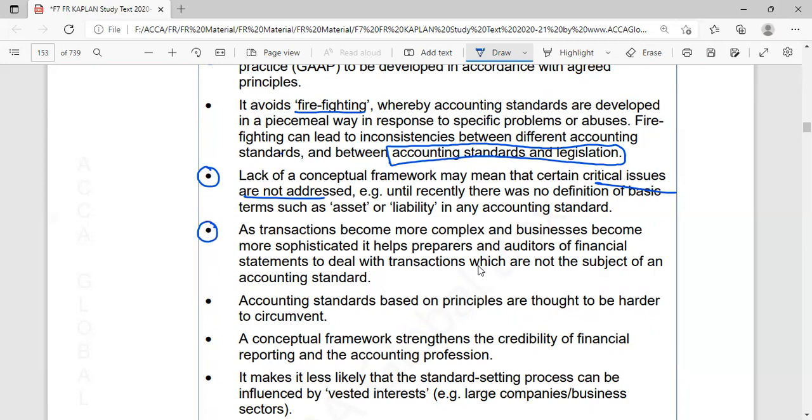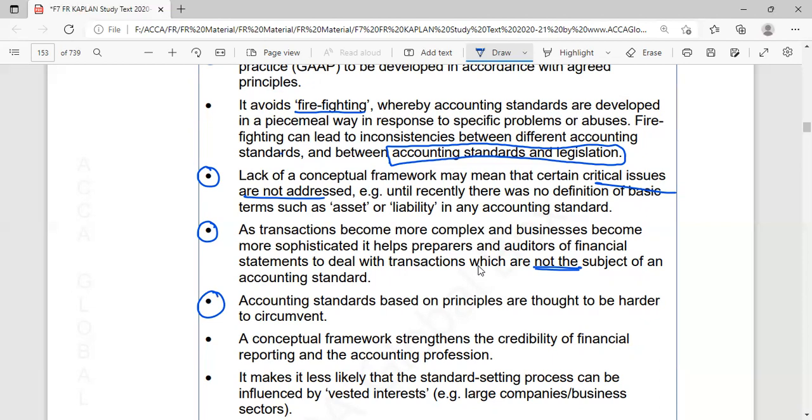Next, as transactions become more complex and businesses become more sophisticated, it helps preparers and auditors of financial statements deal with transactions which are not the subject of an accounting standard. Accounting standards based on principles are thought to be harder to implement.